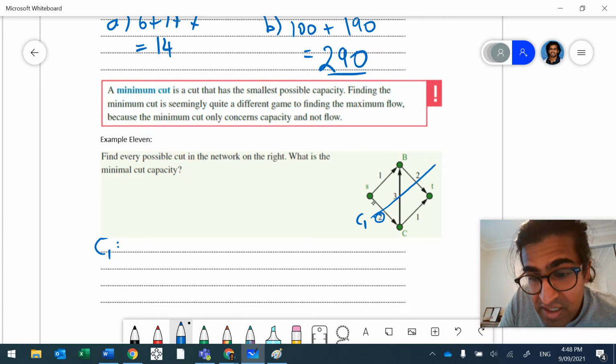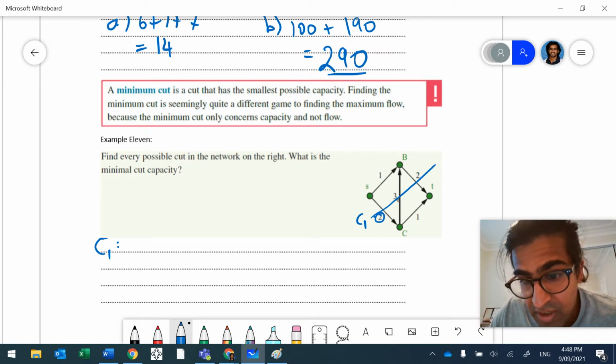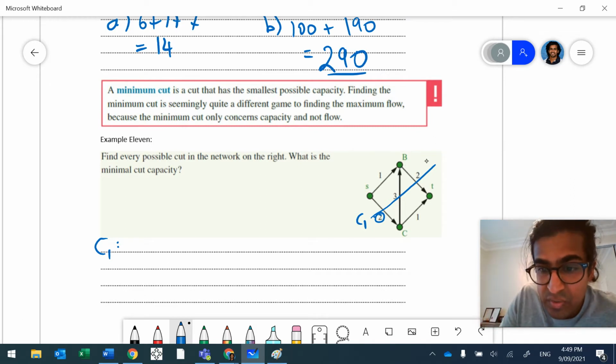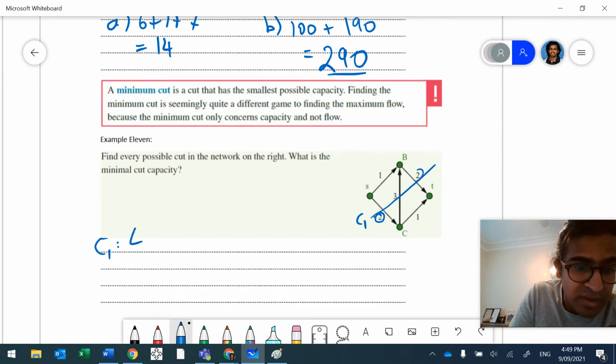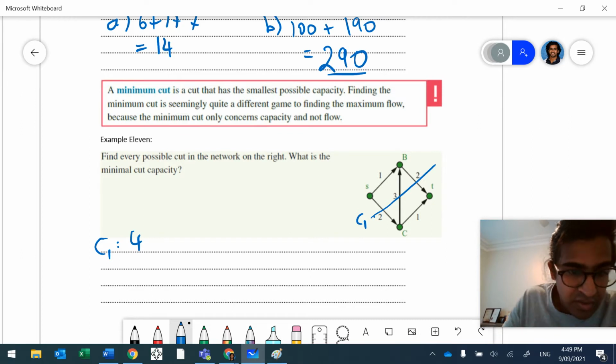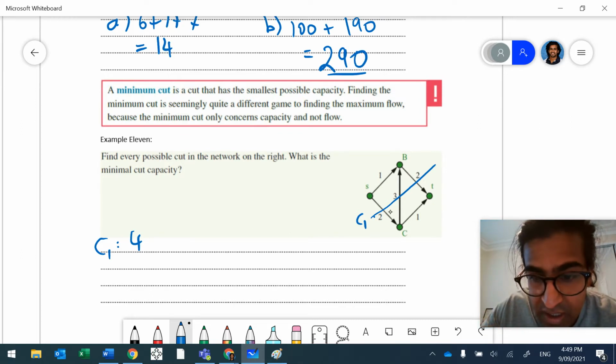We can't add this one because that goes from the sink side to the source side. But we can add this one because that goes from the source side to the sink side. So we can add those two. 2 and 2 make 4. So that's C1.